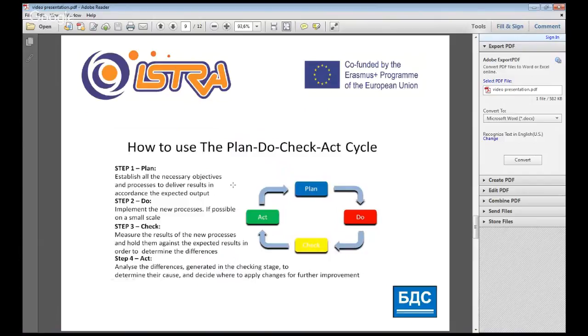The PDCA cycle consists of 4 steps. They are executed in logical sequence known as plan, do, check, act. The activities at each step include Step 1, Plan, which means to establish all necessary objectives and processes to deliver results in accordance with the expected output.